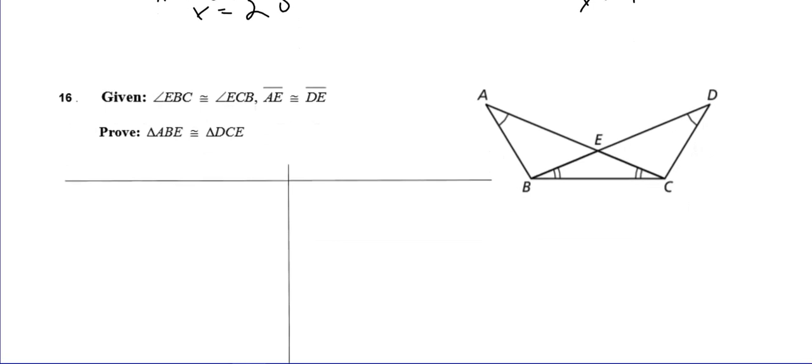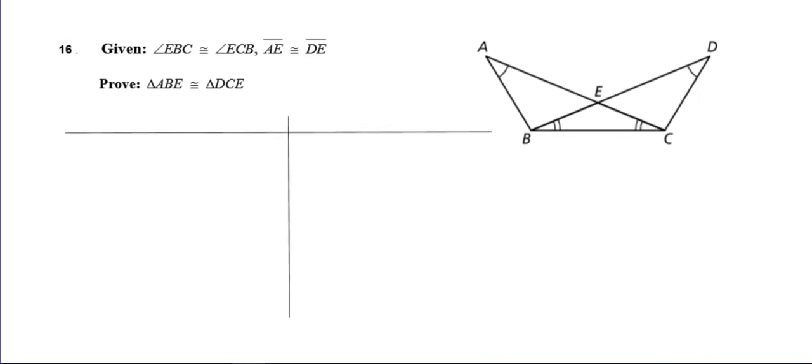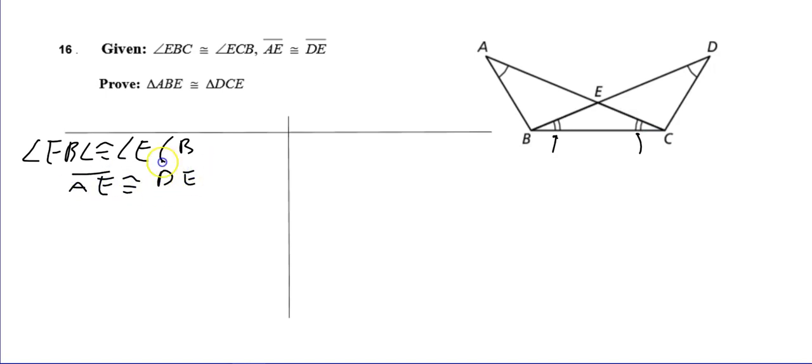All right, and our last problem is another proof. We're given that angle EBC is congruent to angle ECB. That's these two right here, right? And we're also given that AE is congruent to DE.